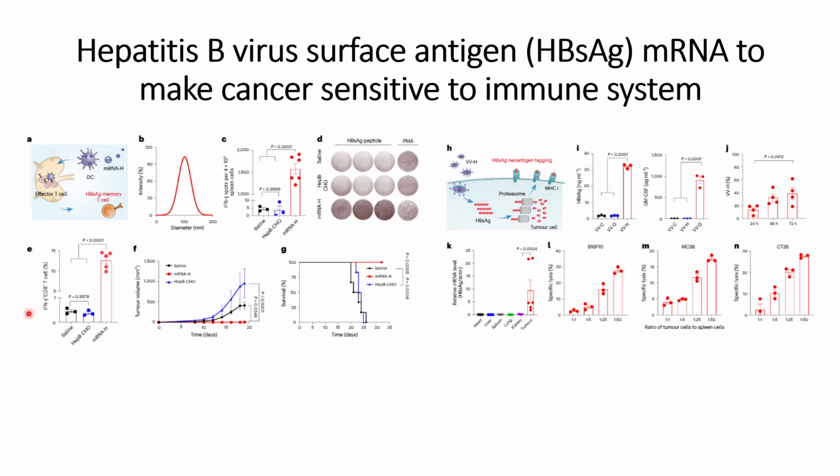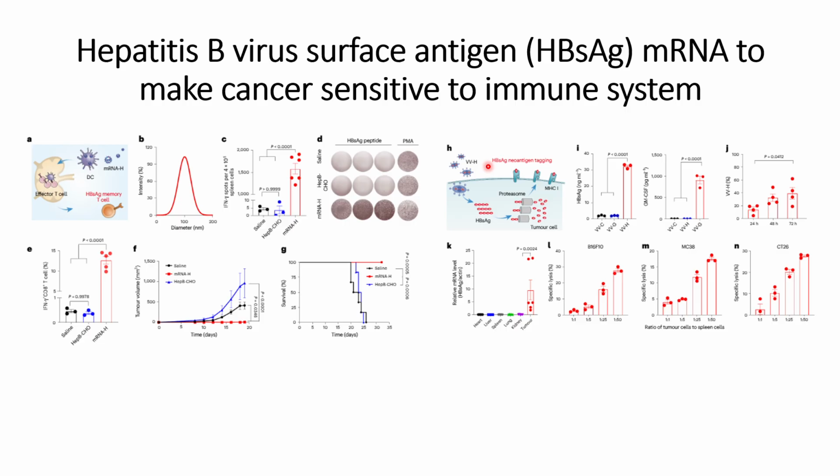The T cells will secrete IFN-gamma, so they will also have the IFN-gamma plus CD8 plus T cell markers, and these cells are high in the case of mRNA-H compared to the other two conditions. The tumor volume is also suppressed with mRNA-H, and the survival rate is also high, indicating that their system is performing better and as per expectations.